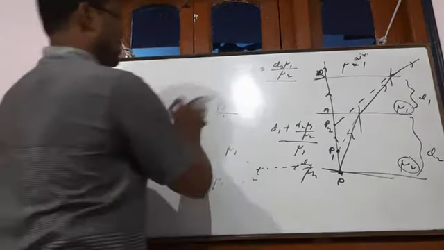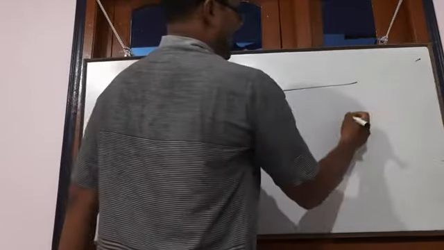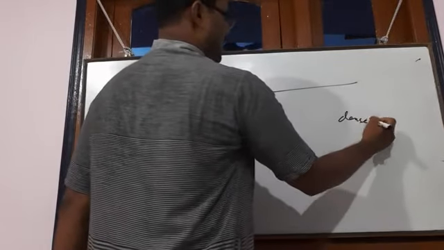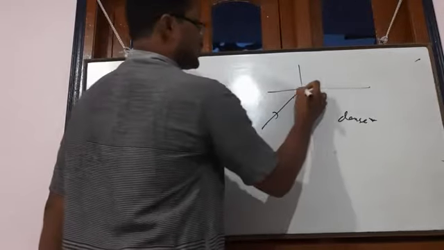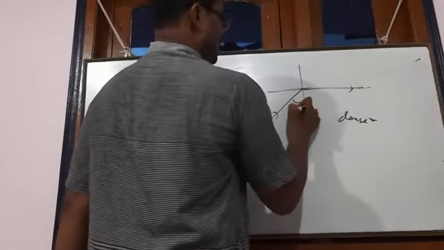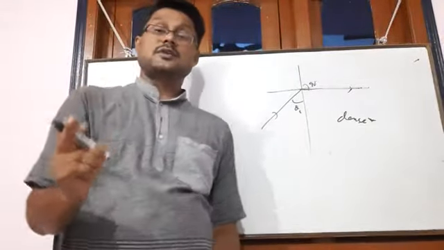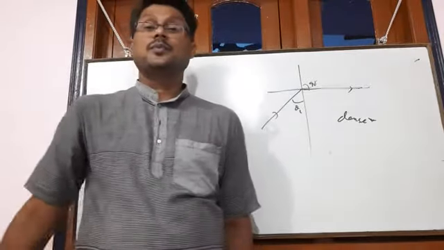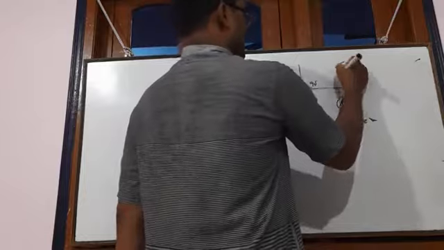Now coming to the next point, that is the critical angle. Critical angle is what? When a light ray goes from a denser to a rarer medium, then for a particular angle of incidence it will go along the plane of separation, and this angle is known as the critical angle. So denser is mu2, here it is mu1.